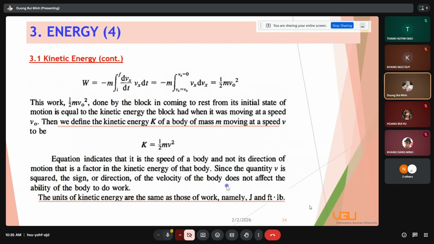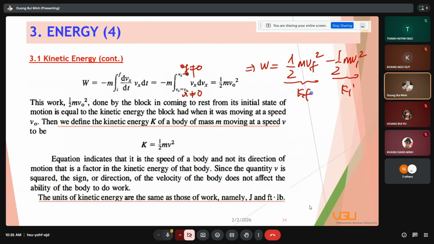So if we have Vi different from 0 and Vf different from 0, you can get work is what? A half m Vf square, right? Minus half m Vi square, right? Here I say Kf, and here I say Ki.